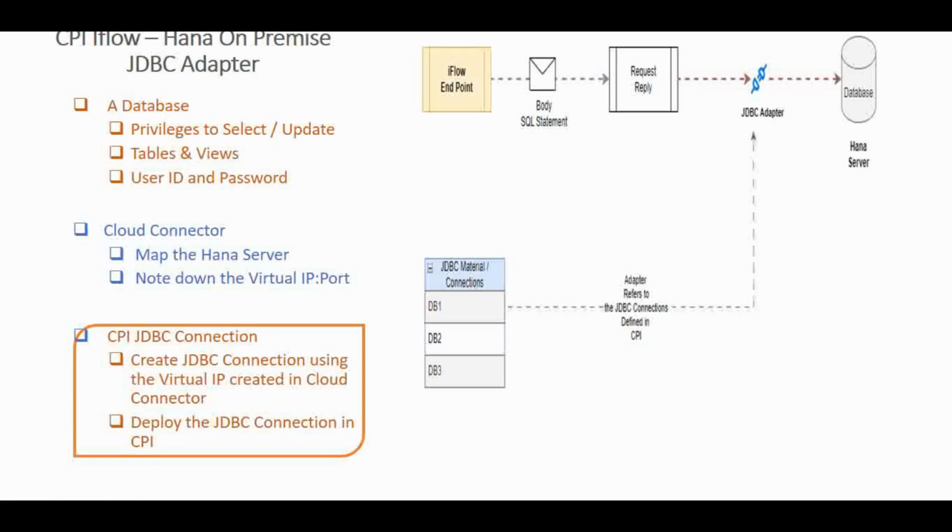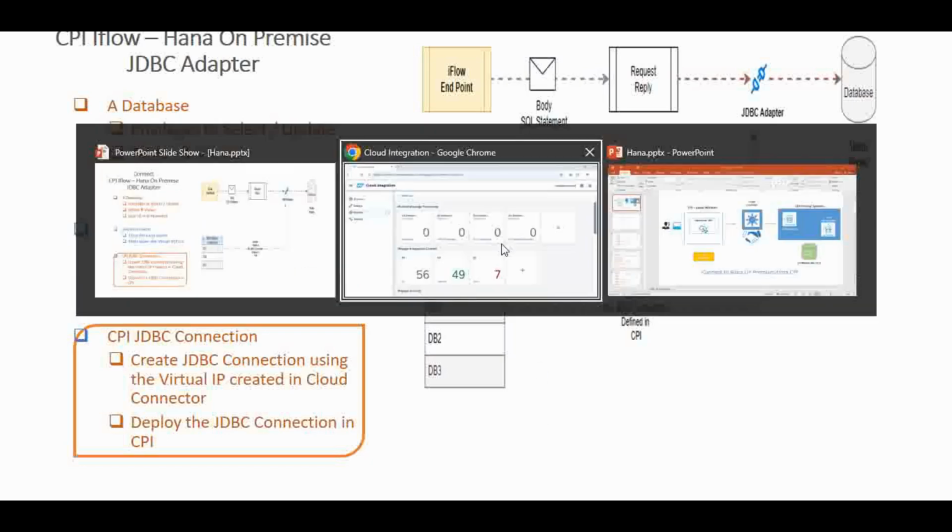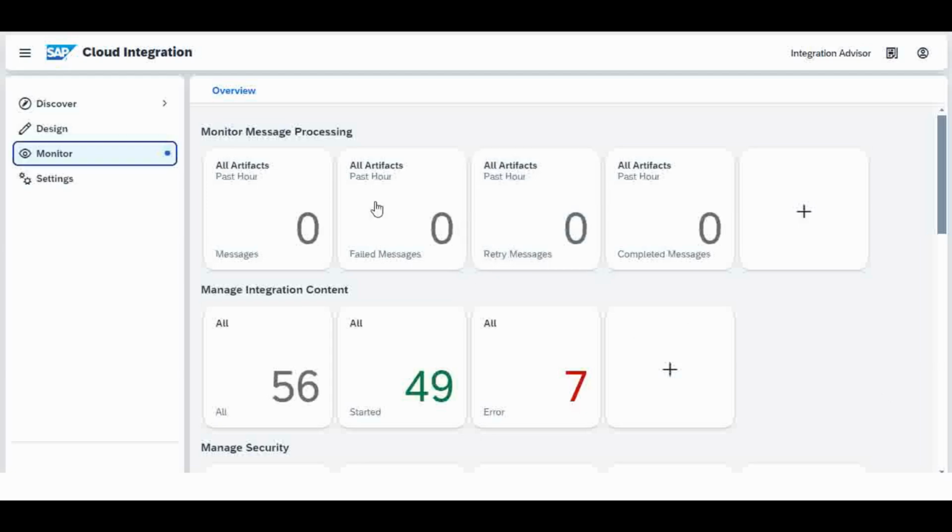Okay, now we are going to do the second step in the CPI, the JDBC connection. For that I am going to log in to the CPI. I am in the CPI now. In the CPI, I have to go to the monitor section.